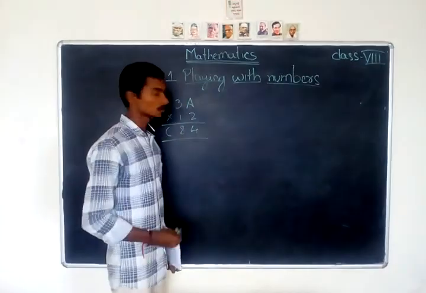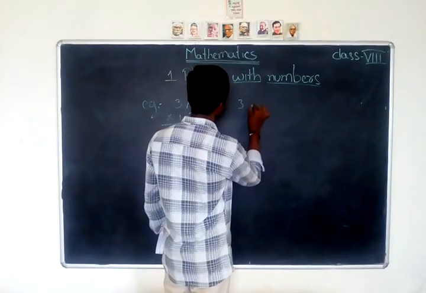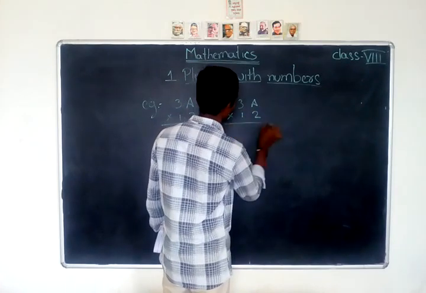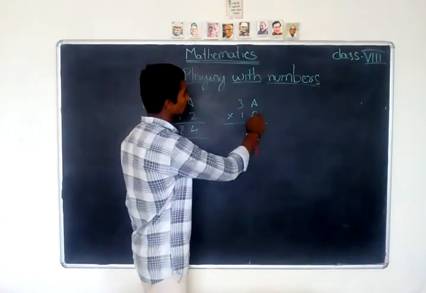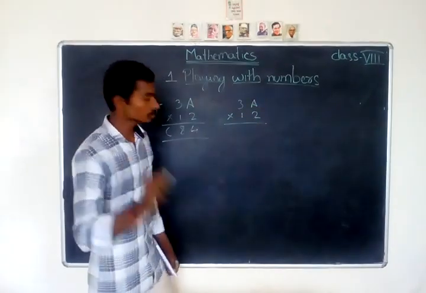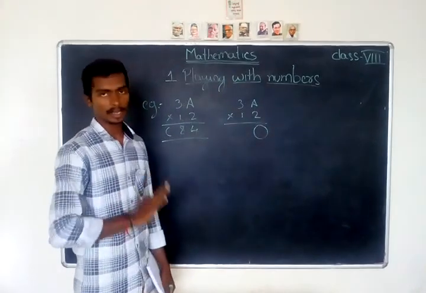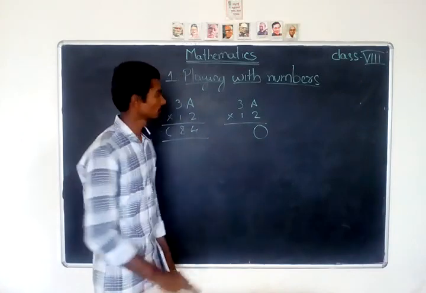How is multiplication done? This is 3A into 12. Okay, now let us multiply. 2 into A gives a number here. What is that number? I don't know. Okay, so I will keep it blank.